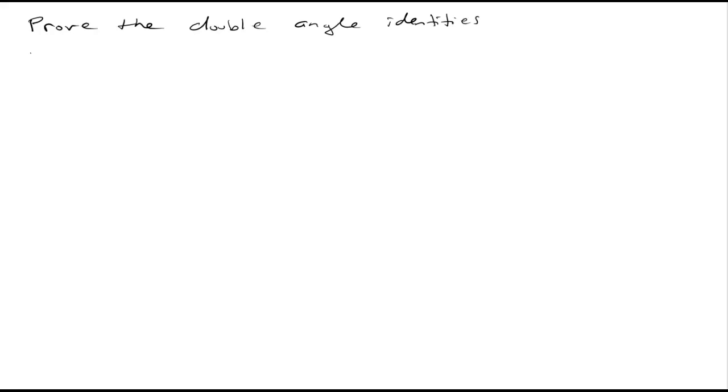All right, so the first one we're going to do is prove the cosine of 2 theta. How do we actually get the cosine of 2 theta? Well, that would be the same thing as saying the cosine of theta plus theta, because theta plus theta gives me 2 theta. Consider this kind of like my A and my B value. We can use our sum and difference of a cosine.